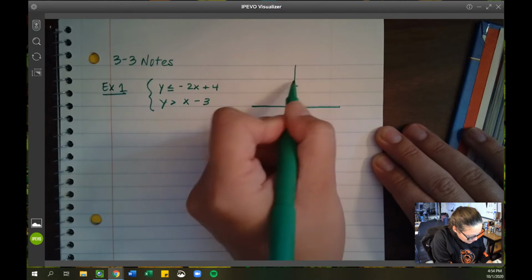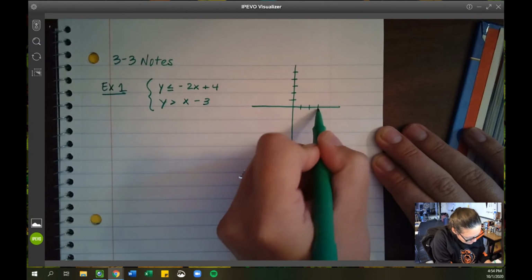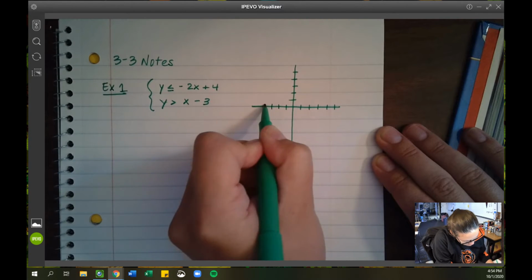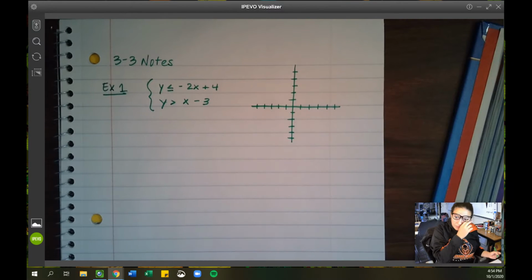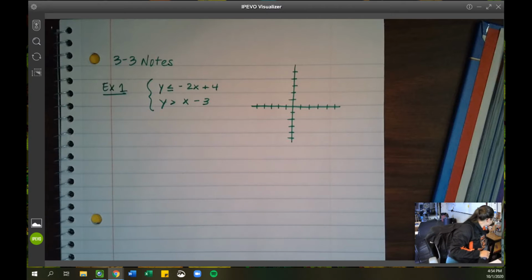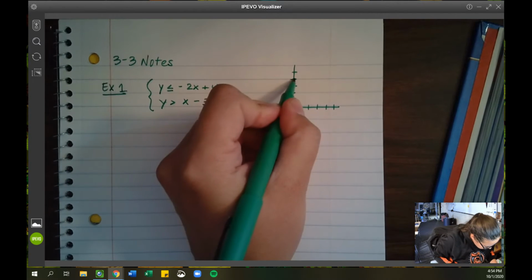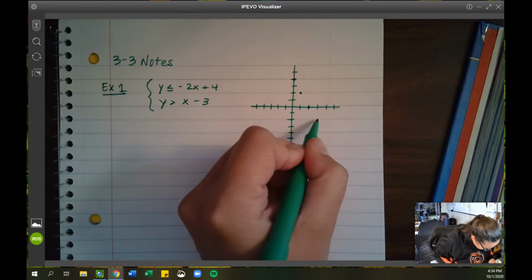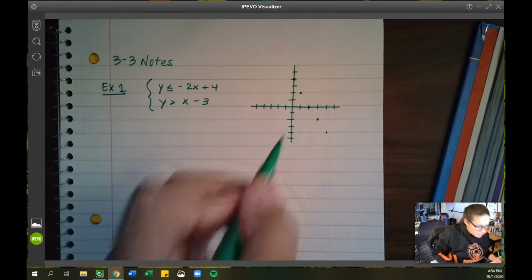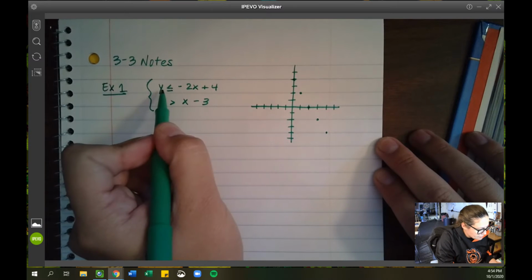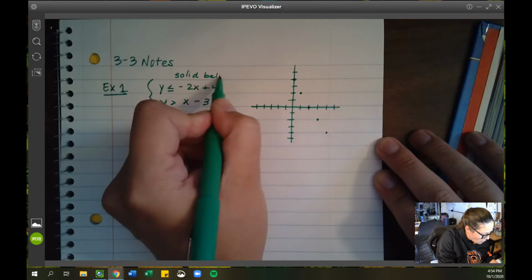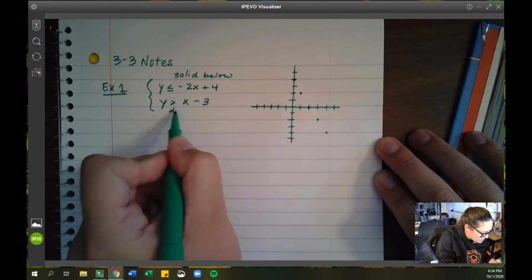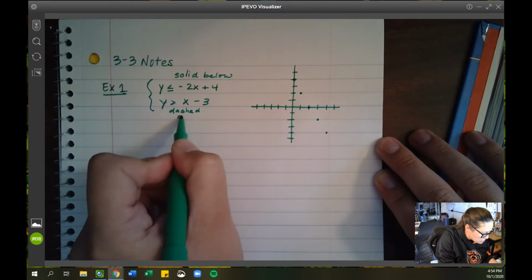So I'm going to set up my graph. Draw my lines. Now, remember, this one is going to be solid, and I'm going to shade below. And this one is going to be dashed, and I'm going to shade above.